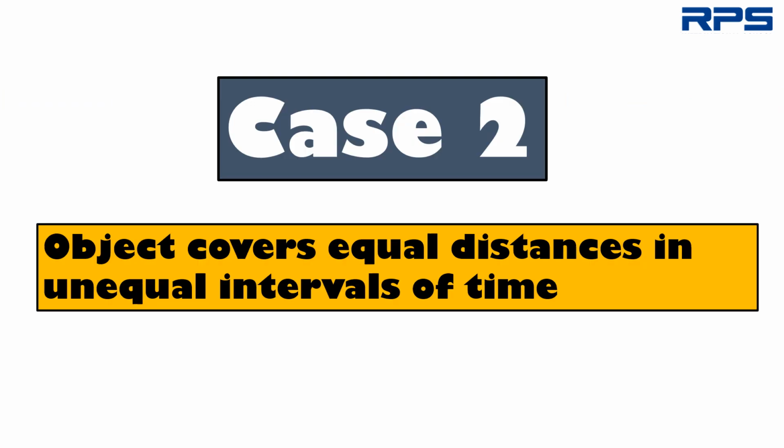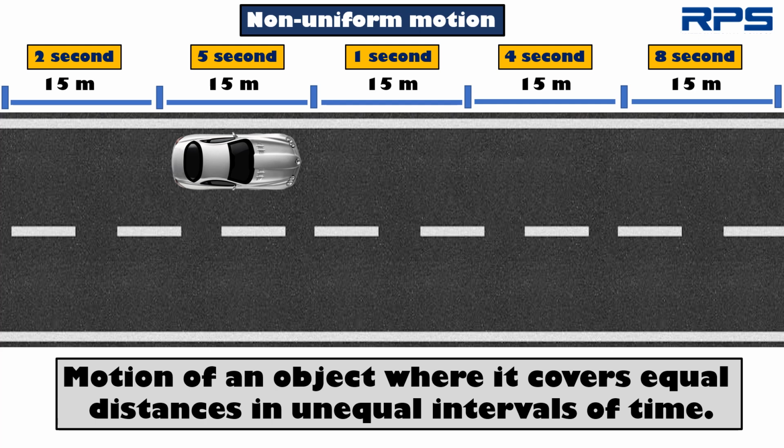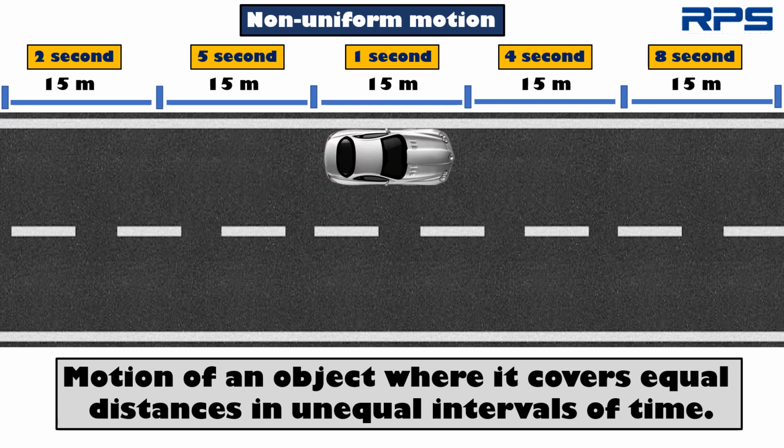Let us discuss case 2, where the object covers equal distances in unequal intervals of time. In this case, the distance covered by the car in each time interval is the same, that is 15 meters, but the time intervals are unequal. During its journey, the car covers 15 meters in the first 2 seconds, the next 15 meters in 5 seconds, then again it covers 15 meters in 1 second.